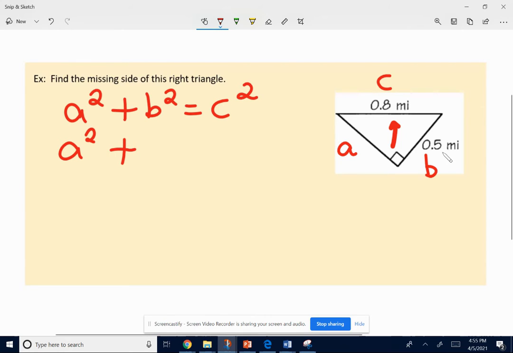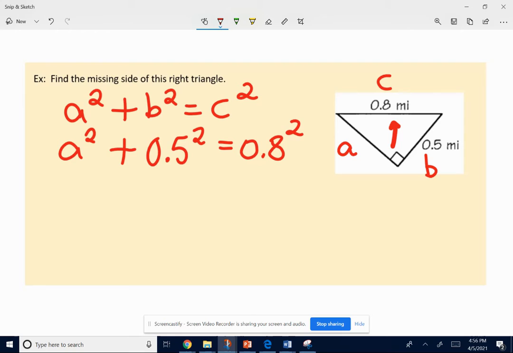I set B equal to 0.5, and I have C equaling 0.8. That has to be C, so I put 0.8 in for C. It looks kind of like the problems we did before.